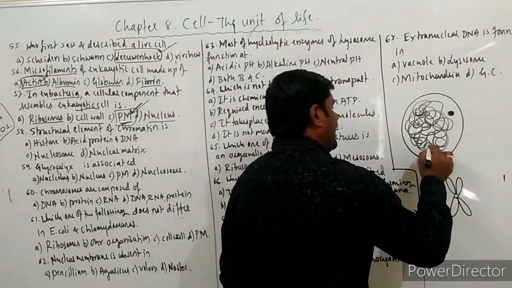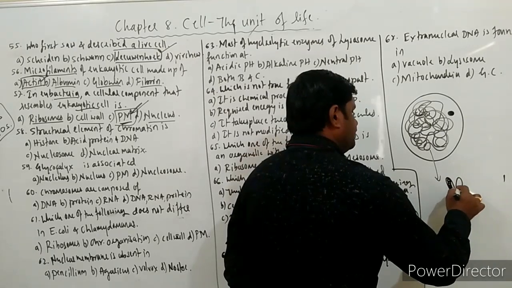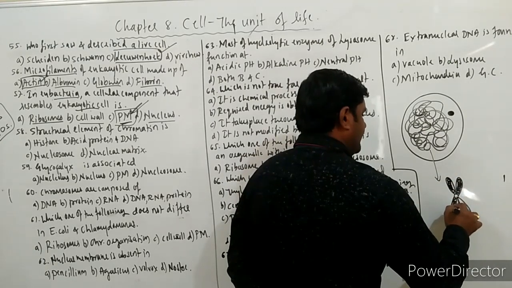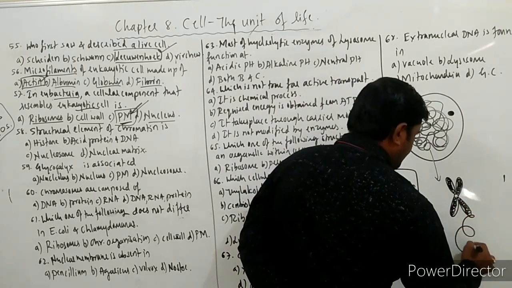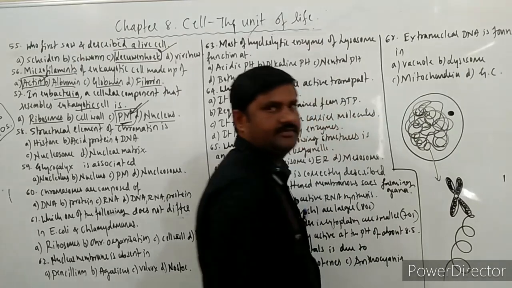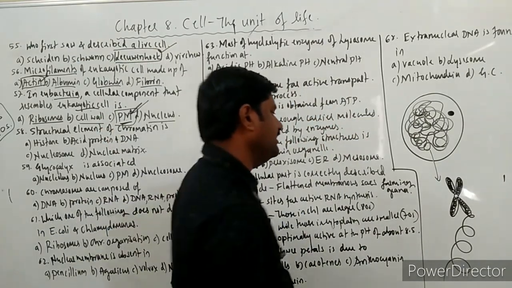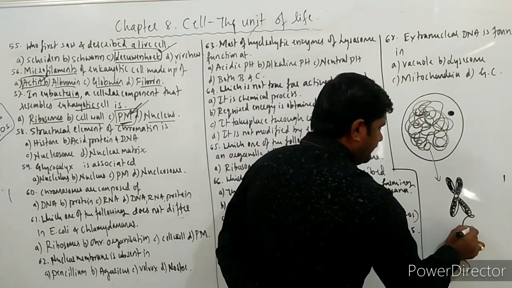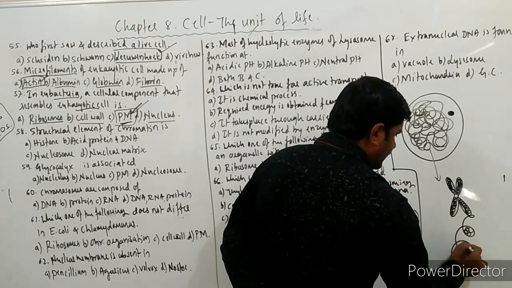This thread-like material makes this kind of chromosome by coiling during cell division. Whenever you uncoil this chromosomal thread, this chromatin material is basically made up of some special structures I had explained in theory.